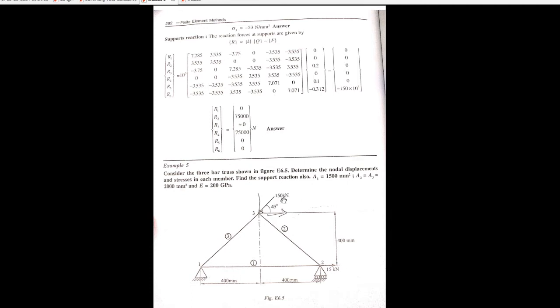Don't show this arrow mark. Only you show this is downward 150 kilonewton with respect to the horizontal 45 degree.